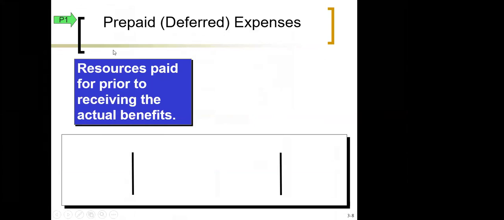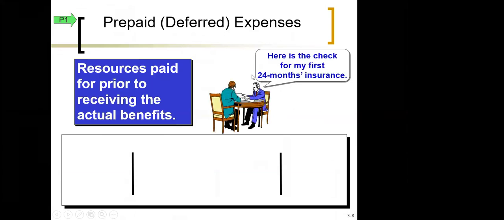Okay, so deferred expenses example is the insurance prepaid, 24 months insurance that was prepaid in advance. So the resources means the cash. Cash is paid for prior to receiving the actual benefit. I'm paying you 24 months in advance, but you did not get 24 months of insurance yet.